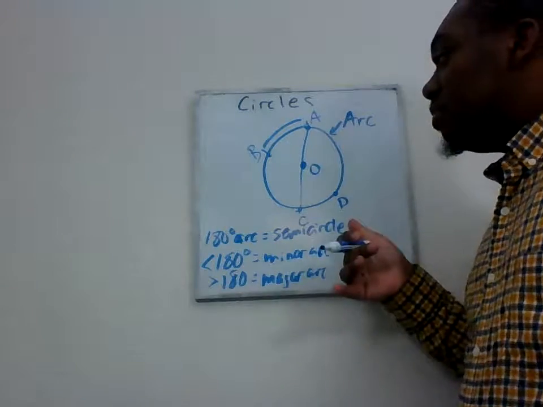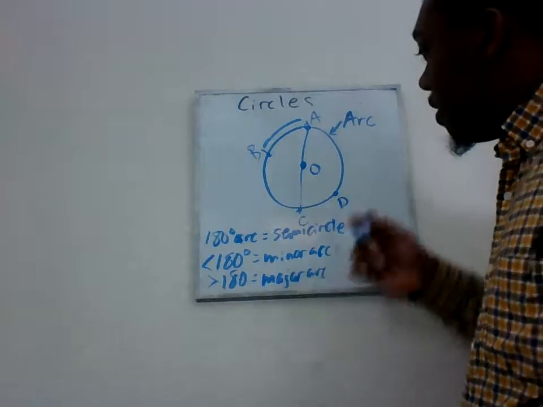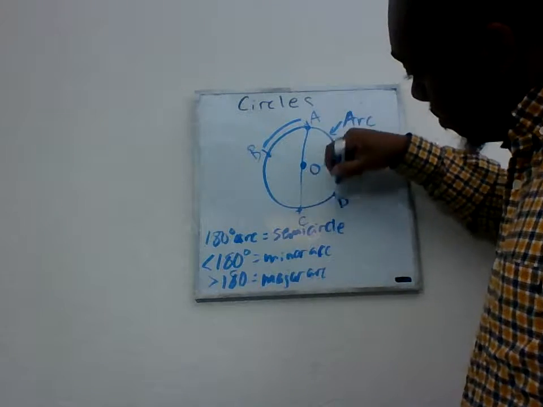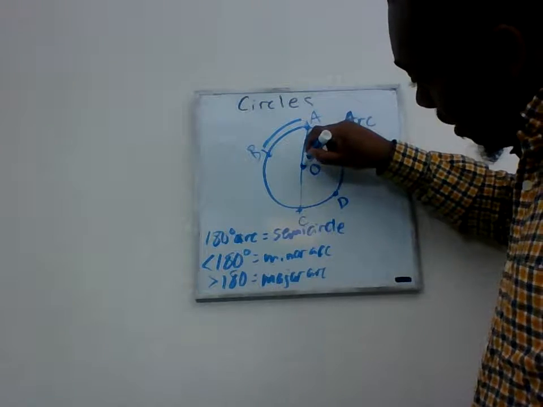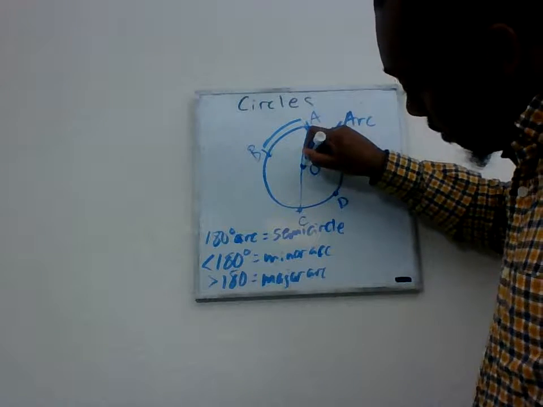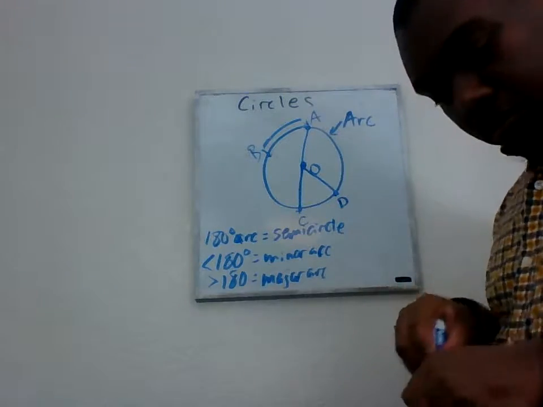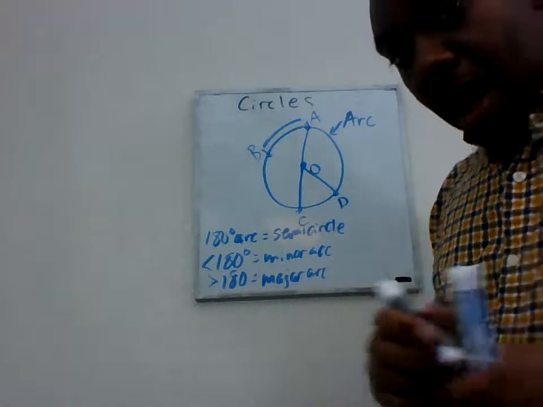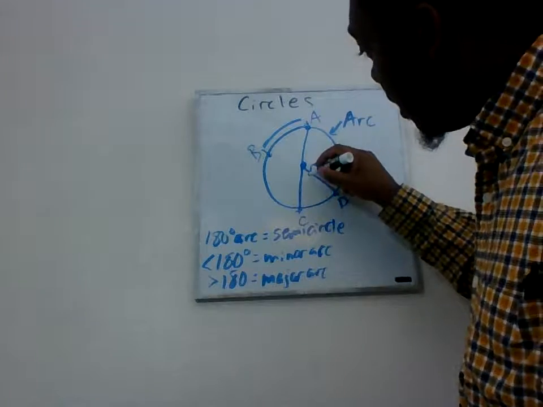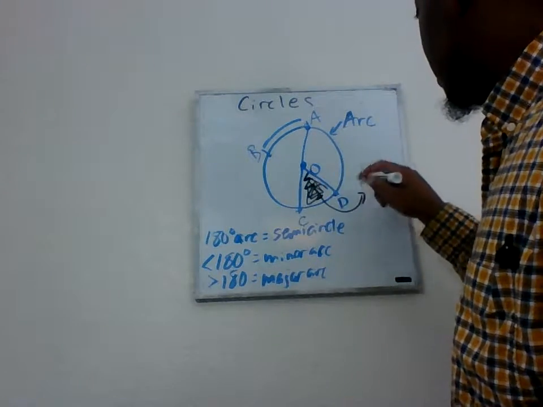An arc is very important when talking about the next two things. From arc CD, if I also drew a radius from point O to point D, what would I form? Well, this here would be known as a sector.